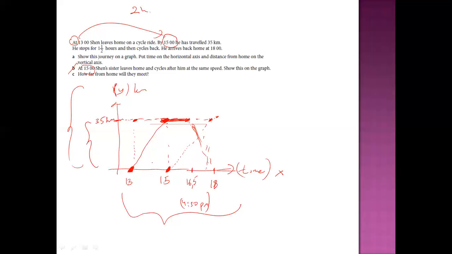It's very important. How far from home will they meet? If you look carefully, when his sister started from home to the target point at 15 o'clock, where had her brother, Shan, been?